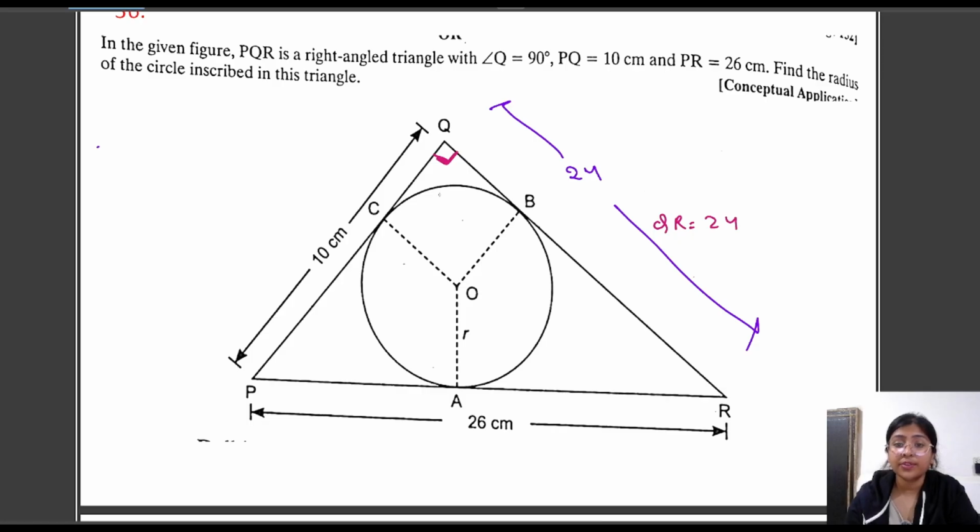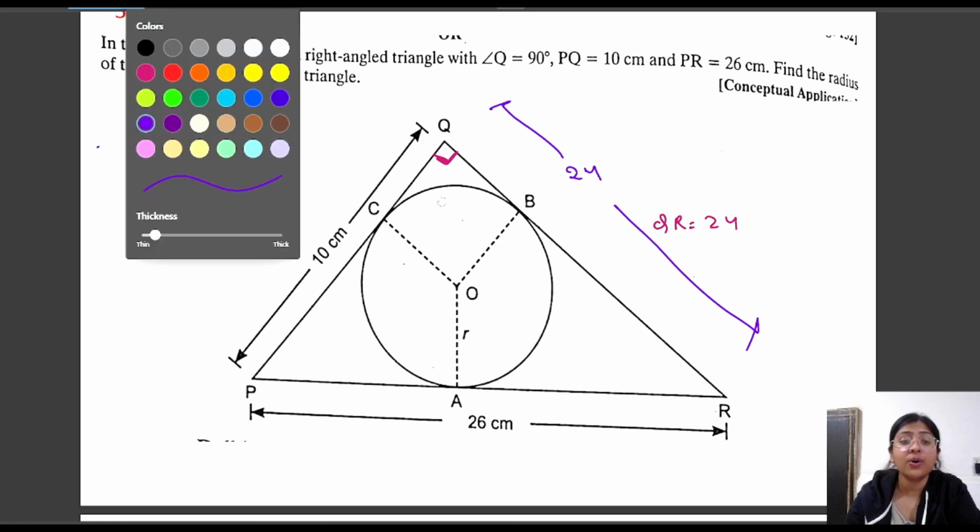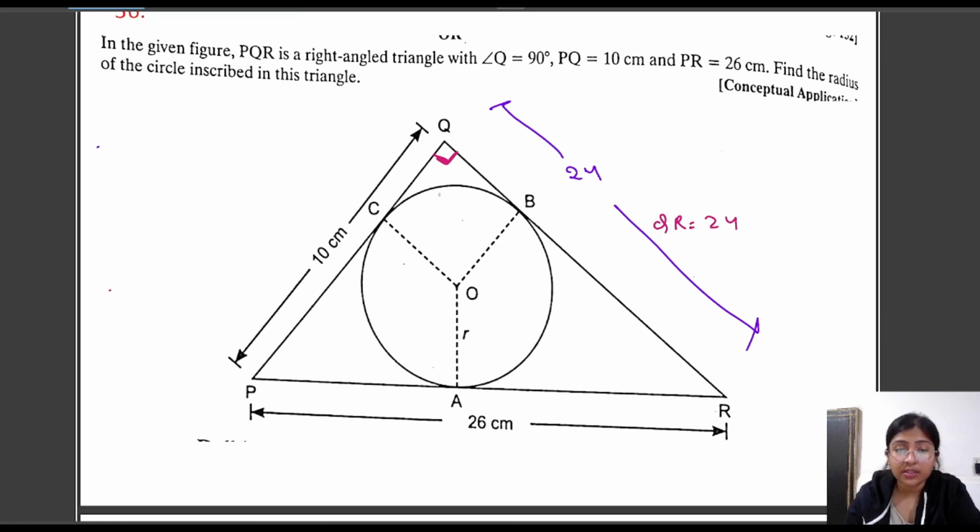Okay, we need to find out the radius. How to find out the radius? Yes, learners, think about it. The area of the complete triangle we can find out is equal to the area of these three triangles. What are those three? Triangle POR plus triangle QOR plus triangle POQ.